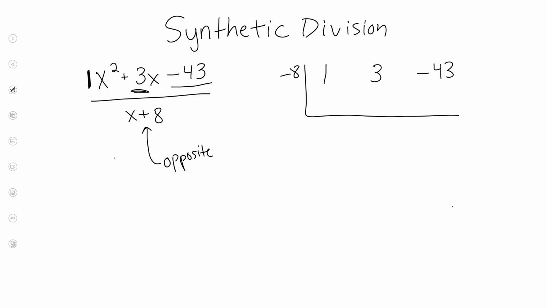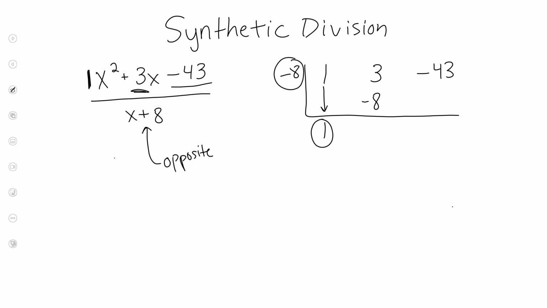Now this is how you use synthetic division. Bring down this first coefficient. Everyone bring that down. Now we're going to multiply. We're going to multiply negative 8 times 1. That's negative 8. We put our answer right here, and we're going to add those together.